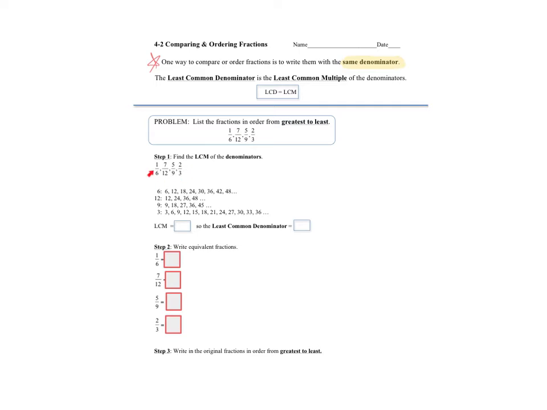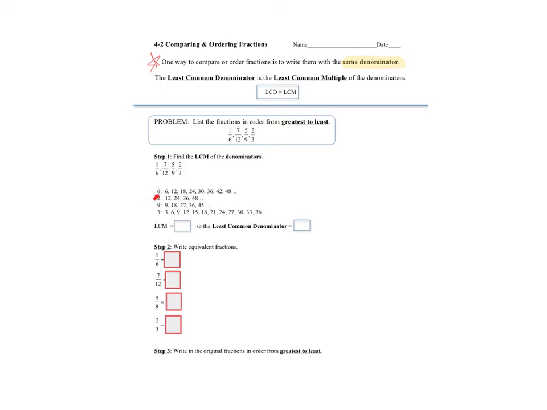I'm going to take the 6, the 12, the 9, and the 3 and give them all the same denominator. I want to change all four of these numbers into a multiple that they have in common. Well, the best way that we know to find a common multiple is to start listing.